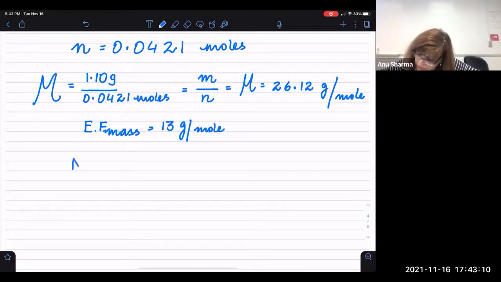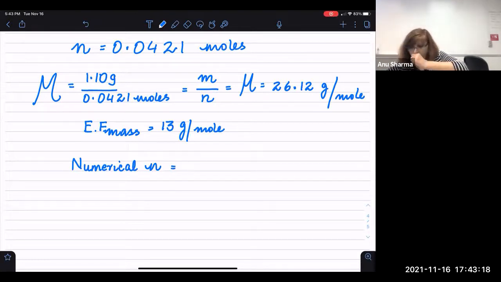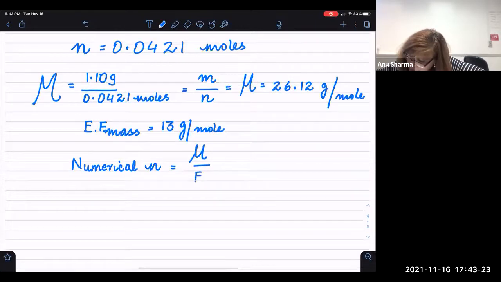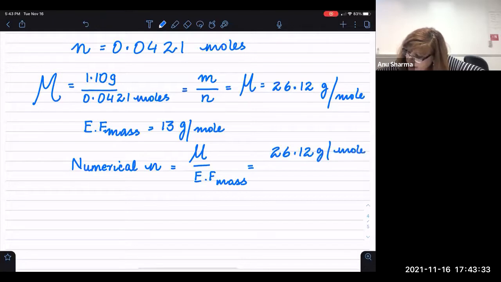So now the numerical N is equal to the molar mass divided by the empirical formula mass. So the molar mass is 26.12 grams per mole. Divide that by the 13, the empirical formula mass, grams per mole.